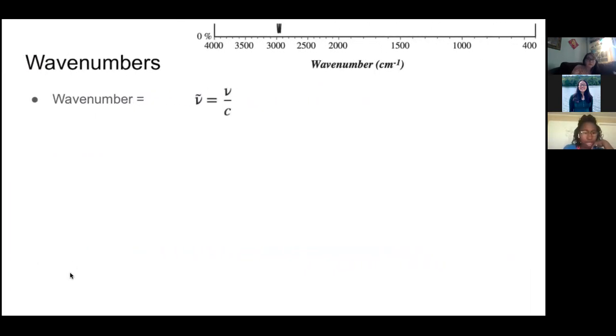Alrighty, let's talk a little bit more about wave numbers. The wave number is indicated by this signal right here. And the wave number is just the frequency of light over the speed of light.